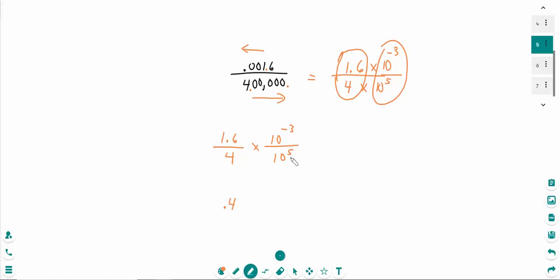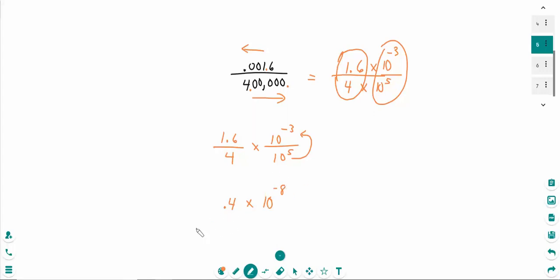Now, if I move this 10 to the 5th upstairs, right, up to the numerator, it would become 10 to the negative 5th. And as such, I could combine it with 10 to the negative 3rd. So 10 to the negative 3rd and 10 to the negative 5th is going to be 10 to the negative 8th. Right? That way we're not writing it as a fraction. Now it's 10 to the negative 8th.